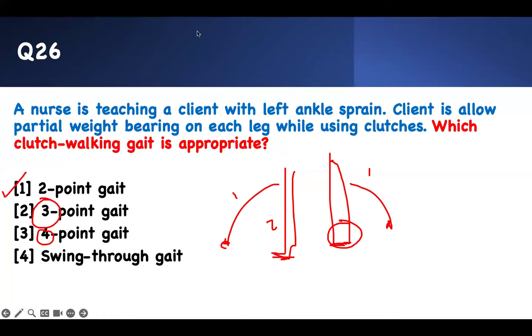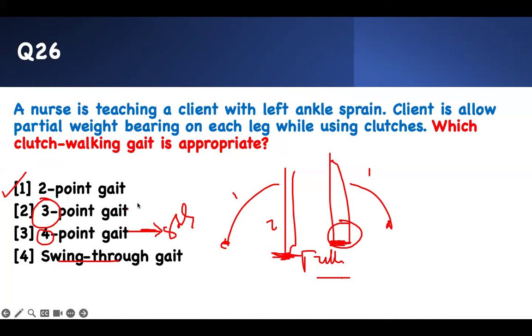So for the 2 point and the 4 point, you have full weight bearing. It's the most stable one. Both legs touch the ground, completely touching the ground. There's no partial weight bearing, there's full weight bearing. And swing through is basically for amputation. You're just swinging through.